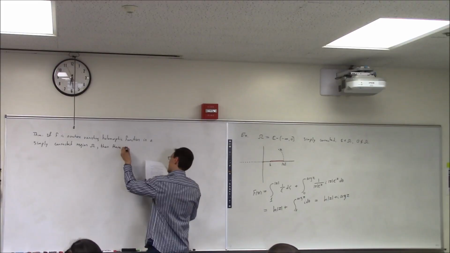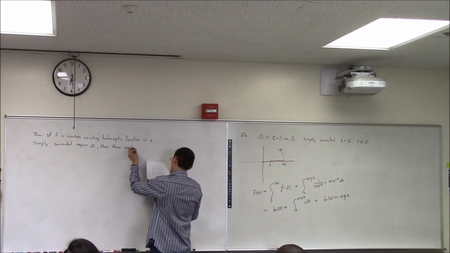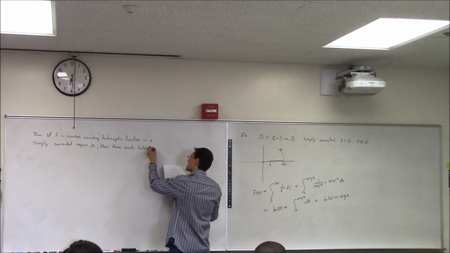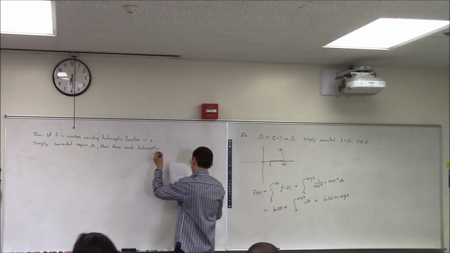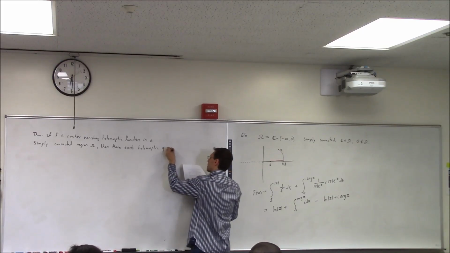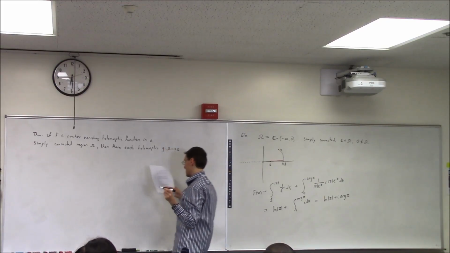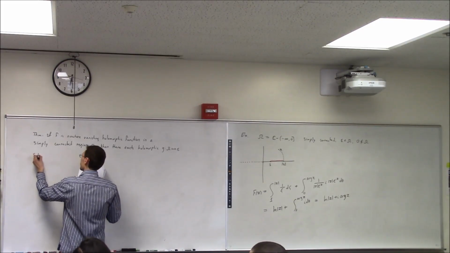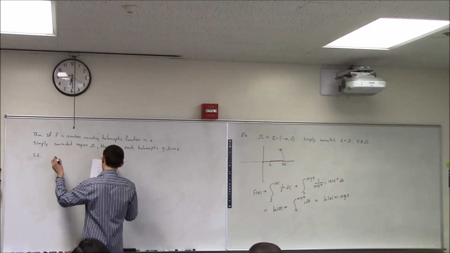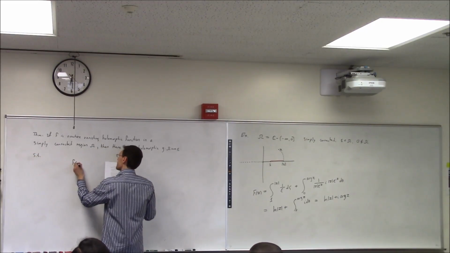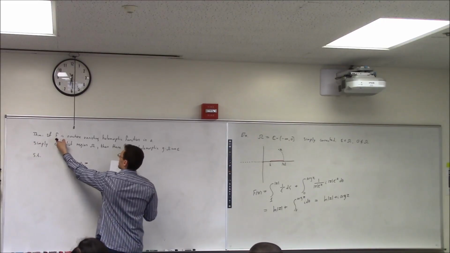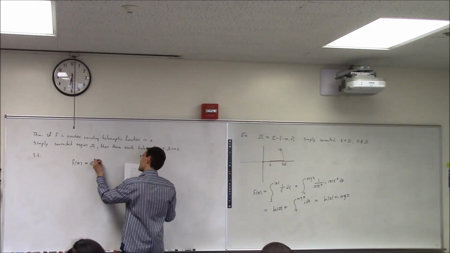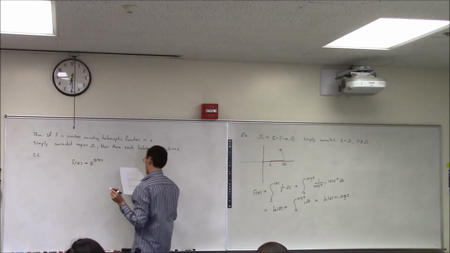there exists a holomorphic function g from omega to C such that f of z, the function that we selected, is e to the power of g of z.